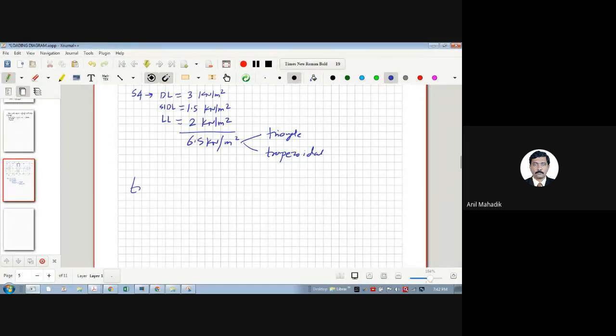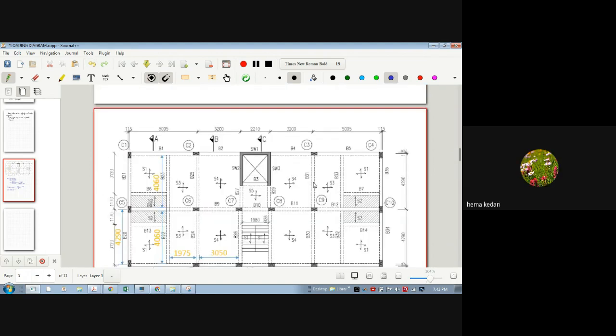So triangular load is WLx by 3, and Lx is the smaller span. So how much is the W? We have already calculated it, it is the working load W. So 6.5 into the smaller span, how much is our Lx? 3.2. So it is 3.2.